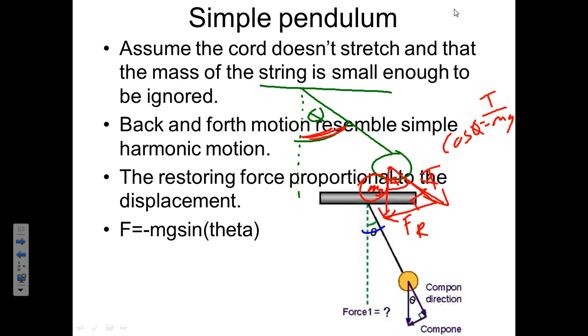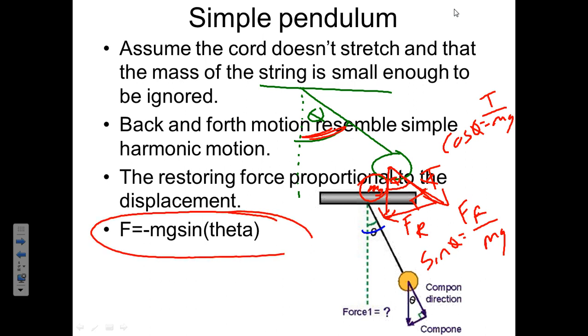We could also find the restoring force. We're going to have to use sine. The sine of theta equals opposite over hypotenuse. And if we solve that out, I think you're going to see that this is what you get, except we threw in the negative again to make it look like what?